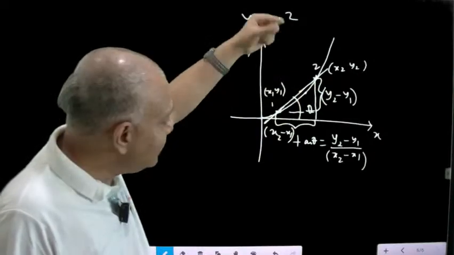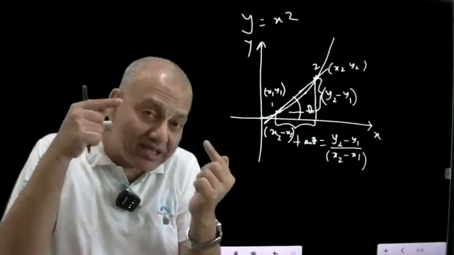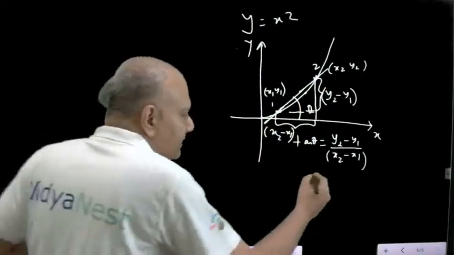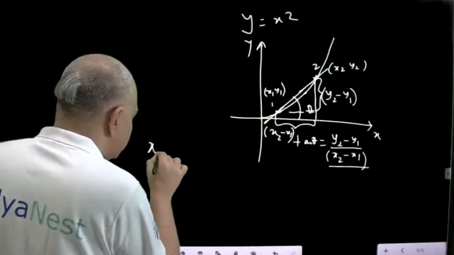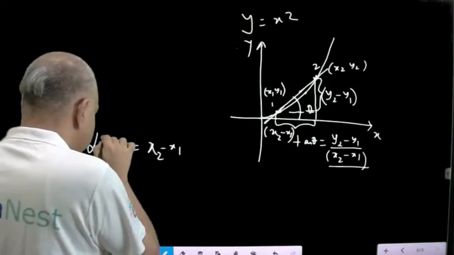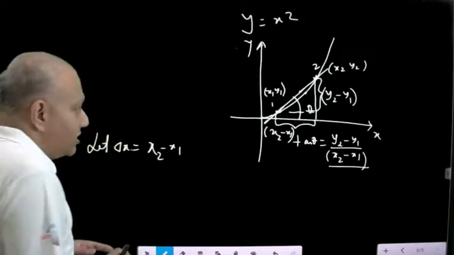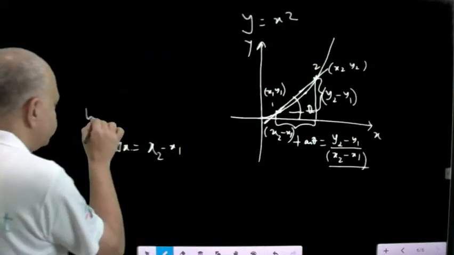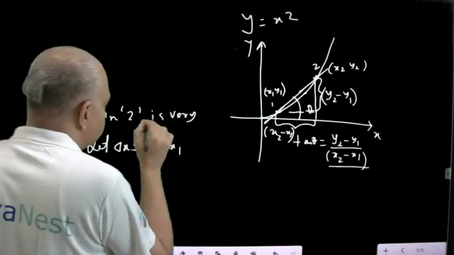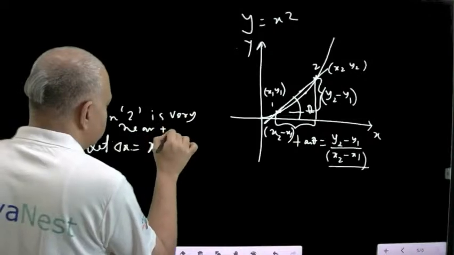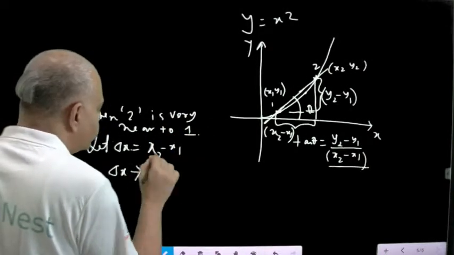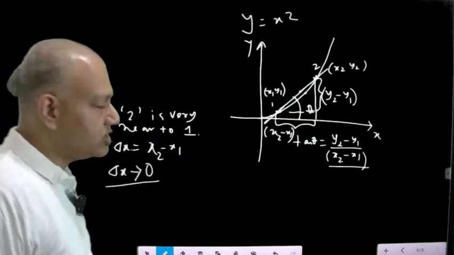So ultimately, in the extreme situation, when point 2 is very near to point 1, this change x2 minus x1, let us think this is delta x, then delta x tends to 0, extremely small.